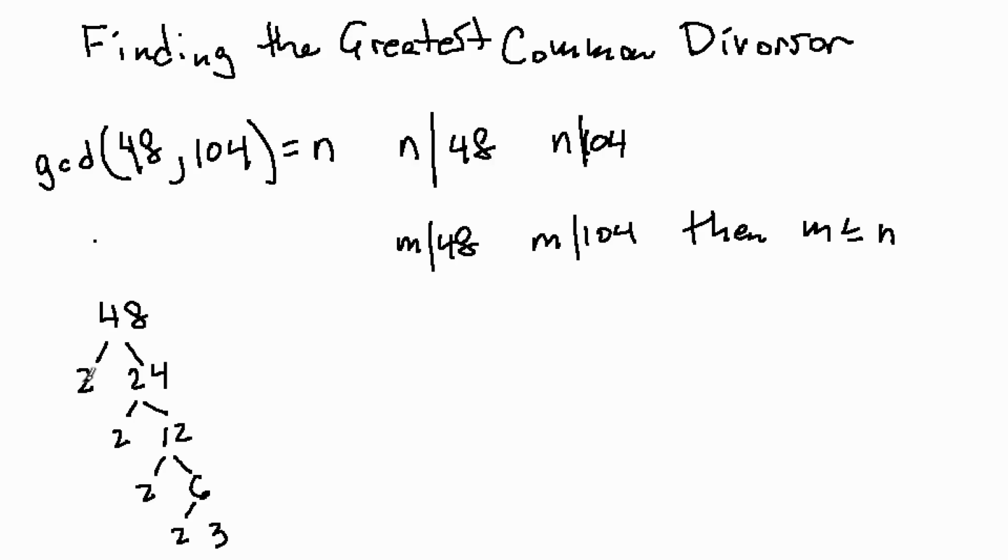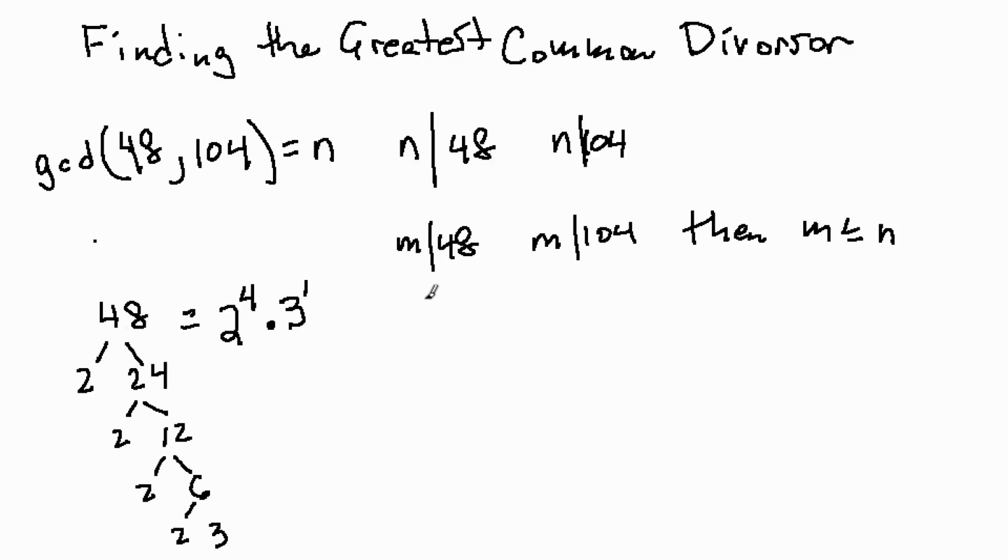So I've got 1, 2, 3, 4 2's. So this is equal to 2 to the 4th times 3 to the 1st. That is the unique prime factorization of 48.